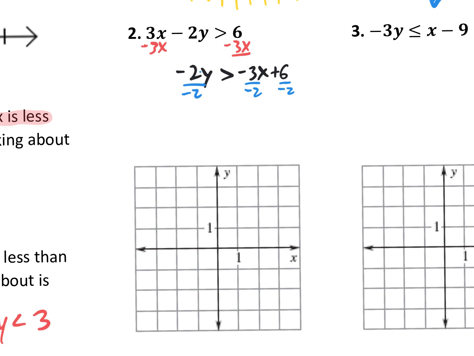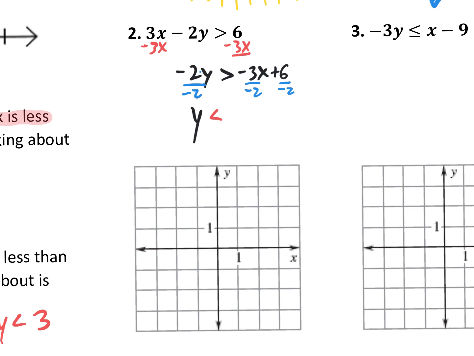So what does that mean that I need to do? Change the sign. That's right. So yes, y will be by itself, but the greater than has to change to a less than, because that's the one difference between solving an inequality and solving an equation, that if you multiply or divide by a negative on your last step, you flip the inequality symbol. And yes, we divided by a negative on the last step.